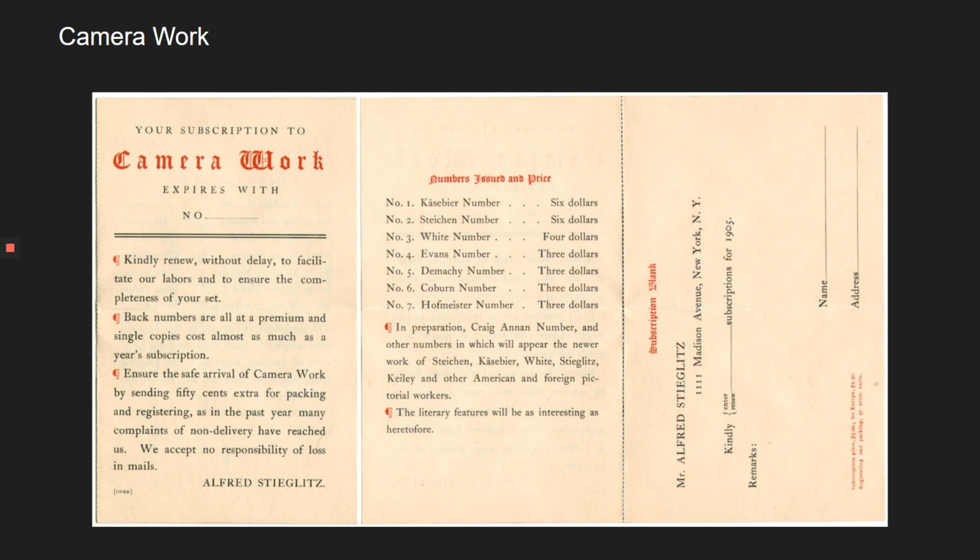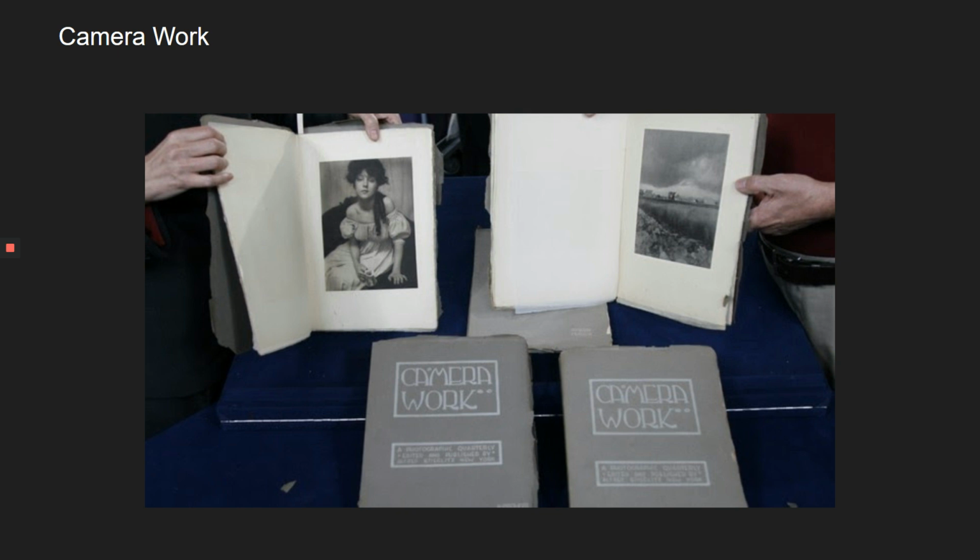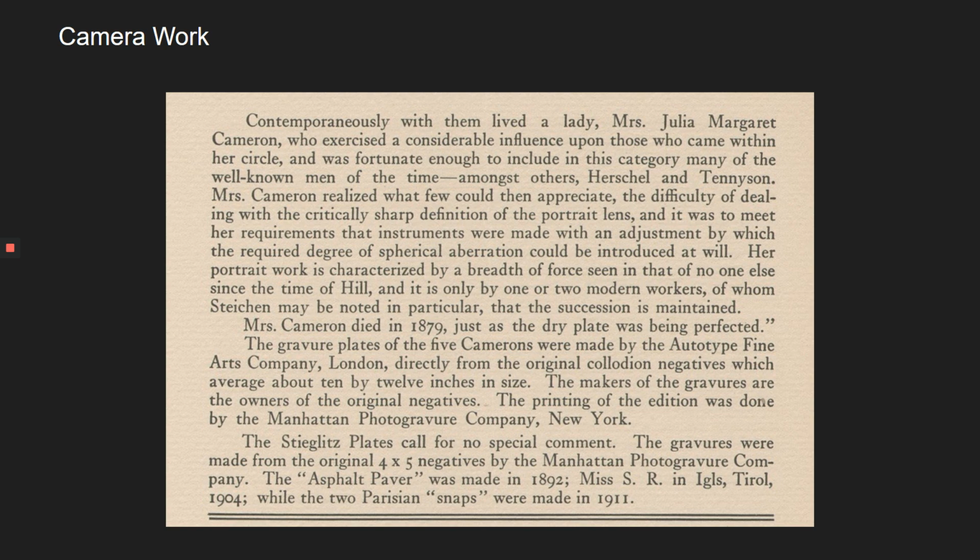It was published between 1904 and 1917. It was known for having images of the highest quality, and these would have been published alongside articles on technique, as well as critical writing. So here they're writing about earlier photography.